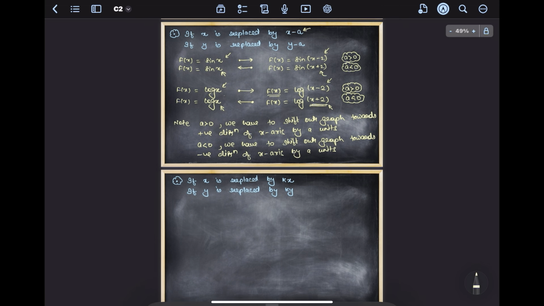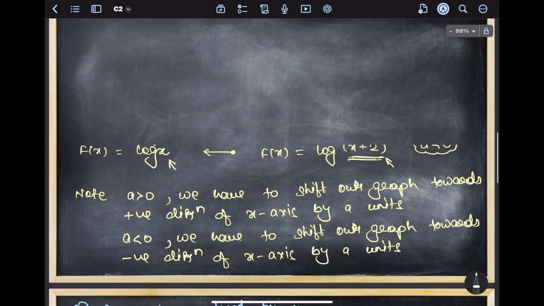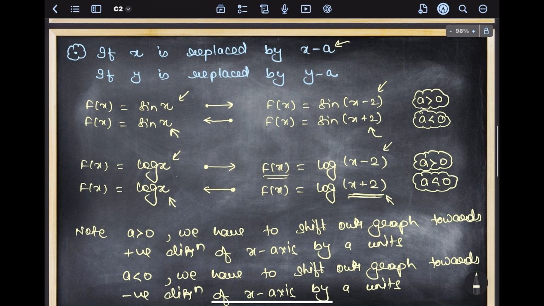Okay, is that clear? Now, the same thing will happen with y as well. So if you replace y with y minus a, if a is positive, you have to shift your graph towards the positive direction of the y-axis.